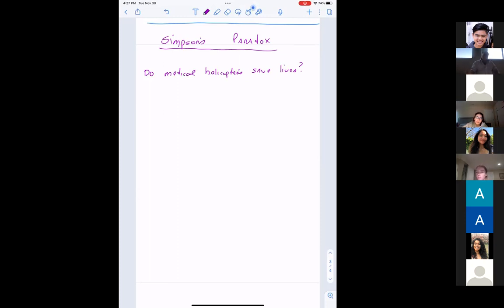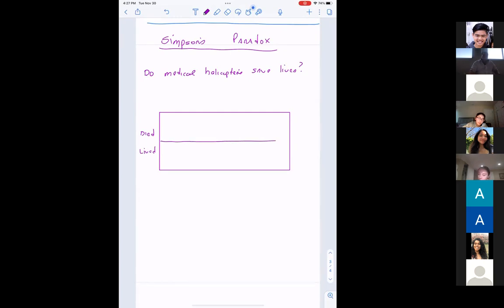So data was taken and we have the following two-way table. The victim either died or lived, and went either by helicopter or by road, by ambulance, whatever, or maybe like a car. Anything other than a helicopter.